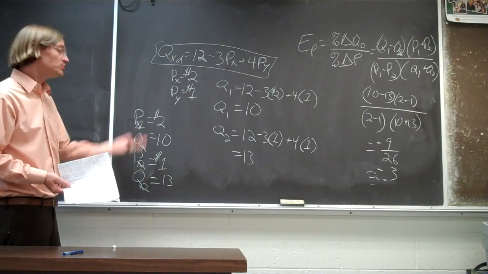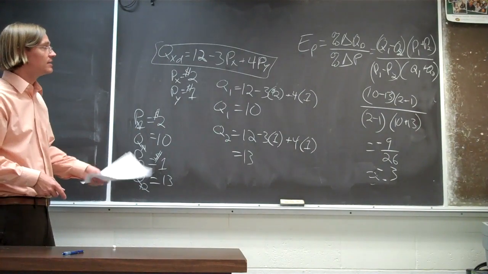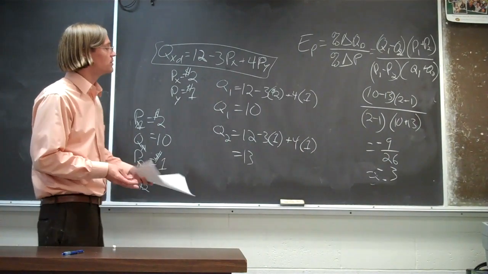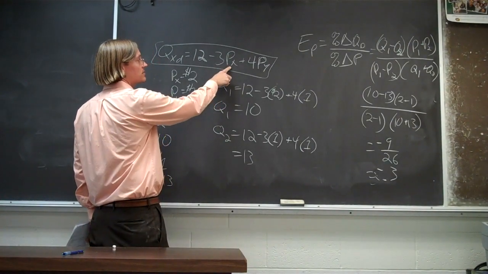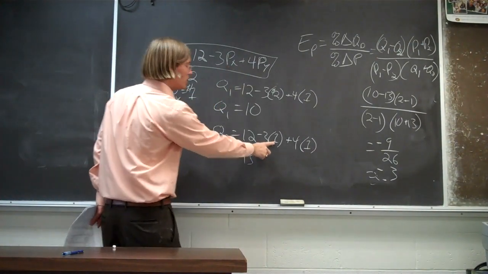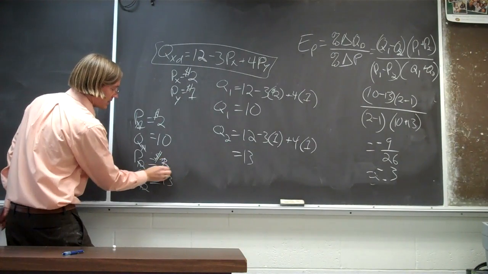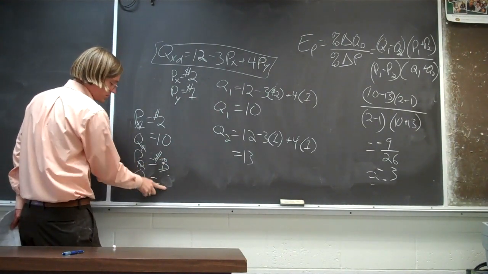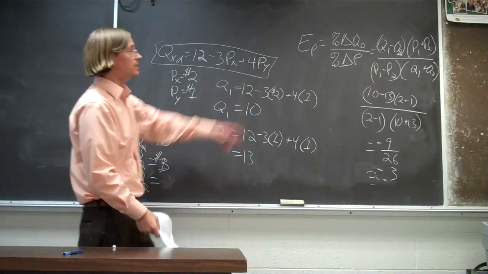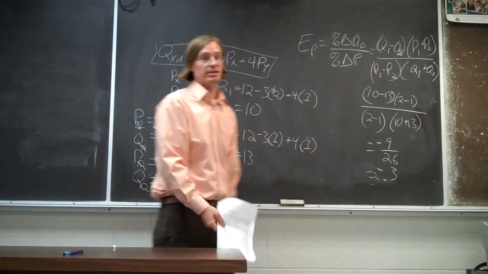So try it again. I'm out of room, thank goodness, so I can't do it again. But go back and change this price of X. Instead of using $1, change it to $3 and solve through, and you'll get a new Q2. Then you'll end up getting a new coefficient of elasticity.